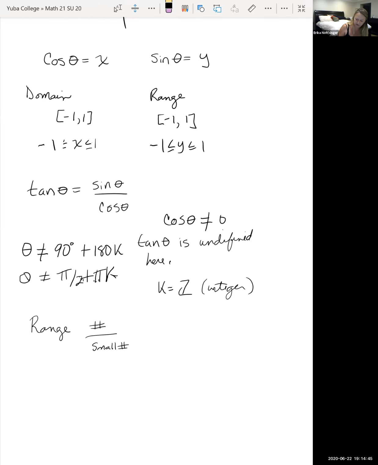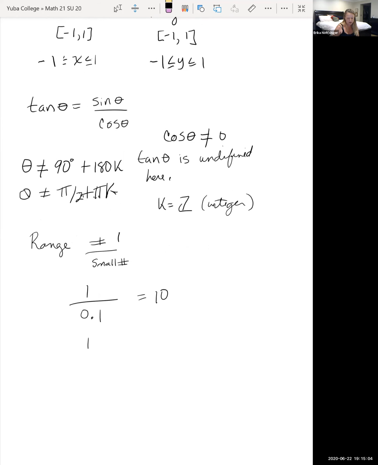Let's say you had 1 over 0.1. That's actually equal to 10. If I had 1 over 0.01, this is equal to 100.